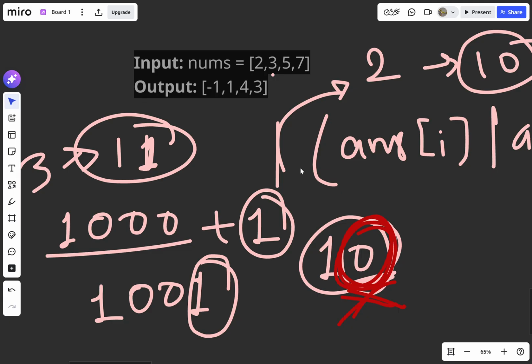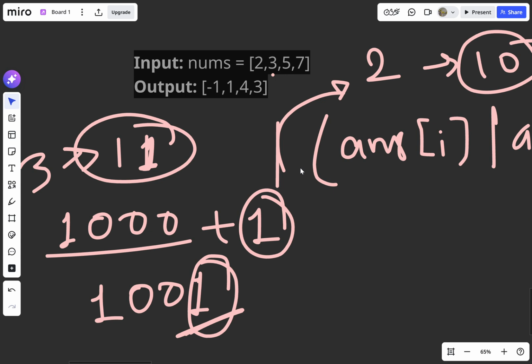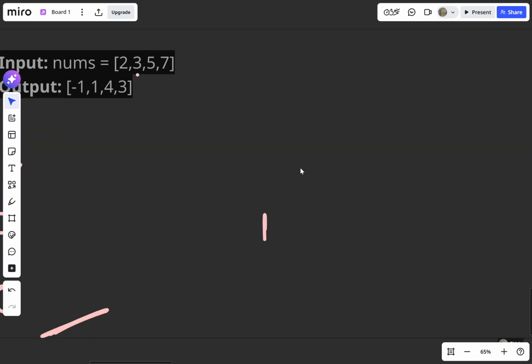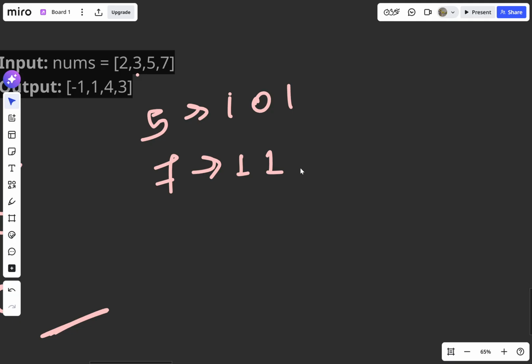Now if we have the LSB as a set bit, let's observe this. Let's observe 5 and 7. The bit representation of 5 is this, and for 7 it will be this.